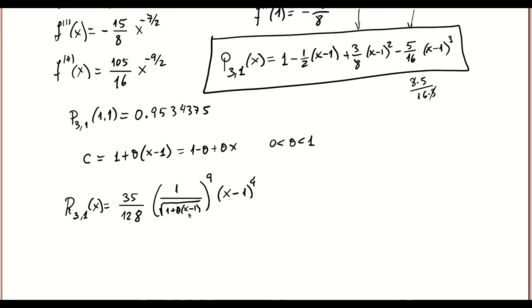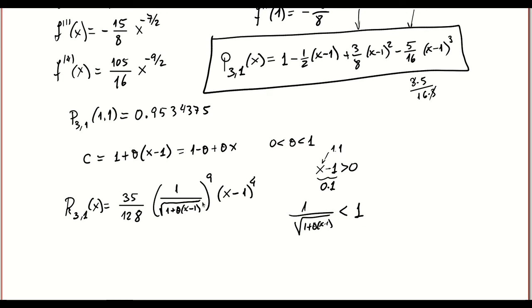Well, clearly x minus 1 is positive. This is actually 0.1, because x is going to be 1.1. So 1 over the square root of 1 plus theta (x minus 1) is smaller than just 1, because the denominator is larger than 1. It's 1 plus something, so this is smaller than 1.